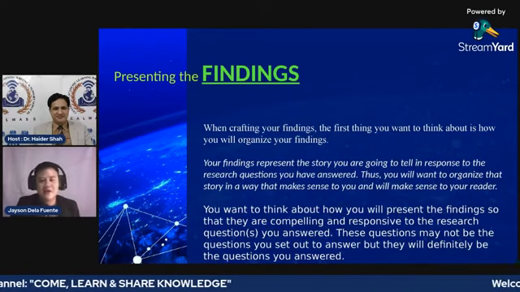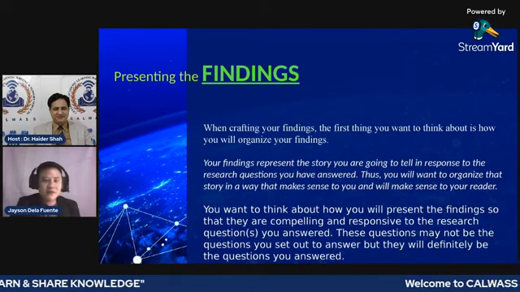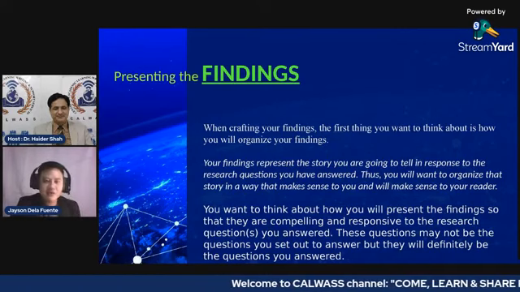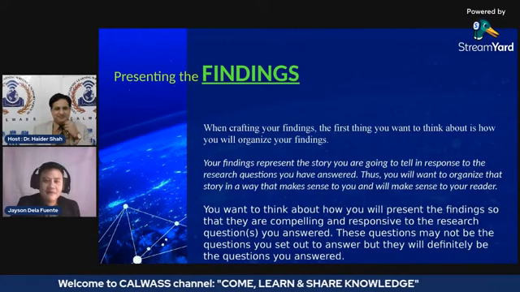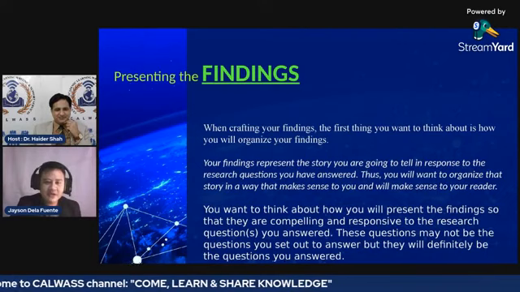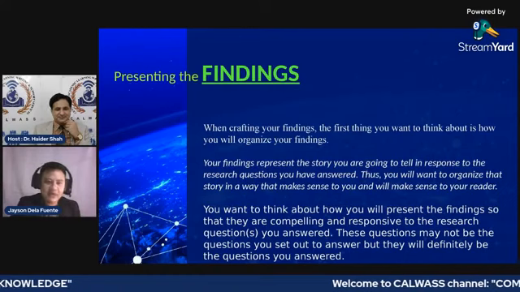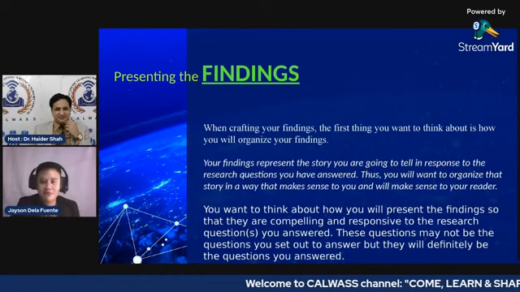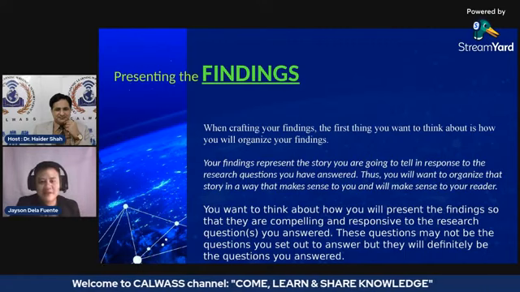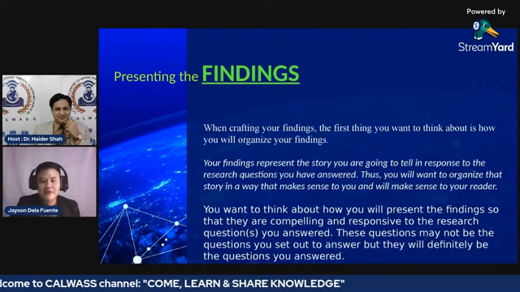Because that is the purpose of research, to inform and to make your findings, or your literature, beneficial to other researchers who are going to have the same or related studies as you. You want to think about how you will represent the findings so that they are compelling and responsive to the research question.